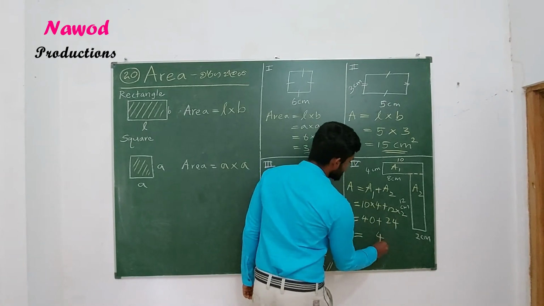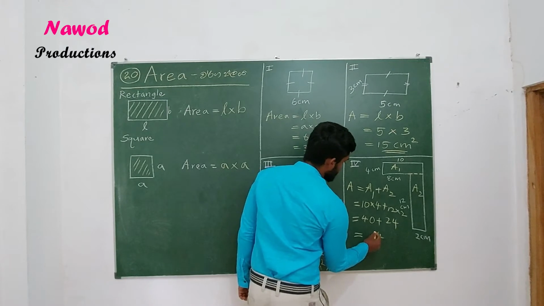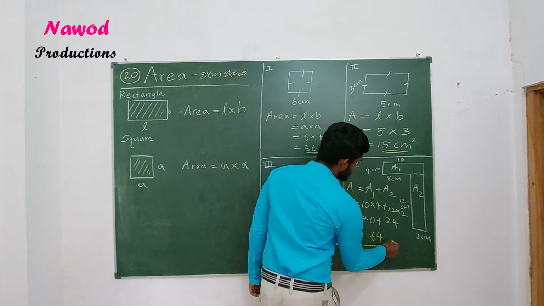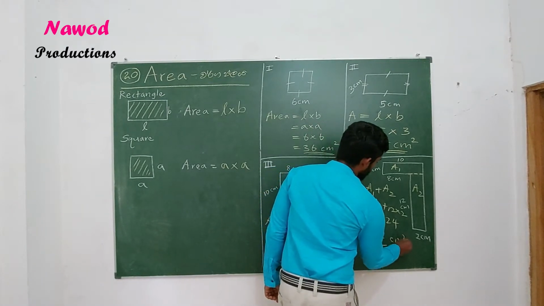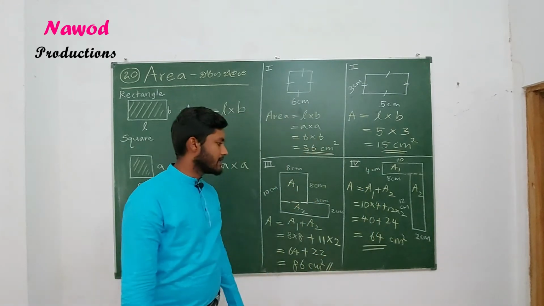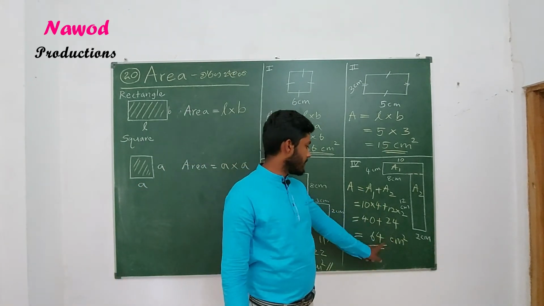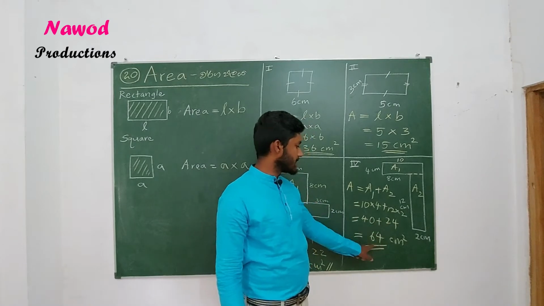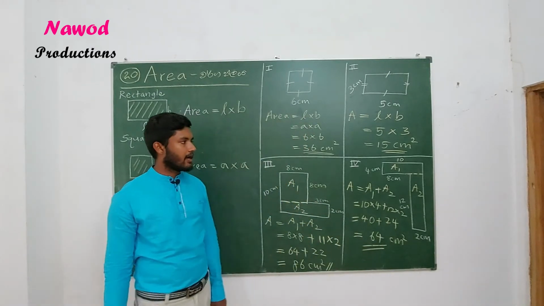You can get the answer 64 square centimeters. 0 plus 4, 4. 4 plus 2, 6. 64 centimeters squared.